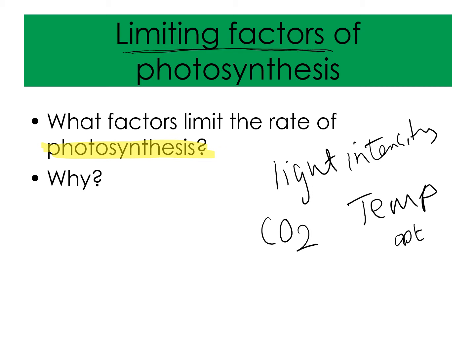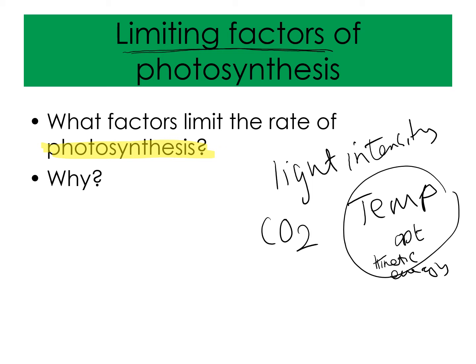So, temperature up to optimum, why would it limit the rate of reaction? So you should be able to link to kinetic energy and collisions between the enzymes involved in the light independent reactions and the substrates. Okay. And you've got rubisco, which you can talk about specifically.